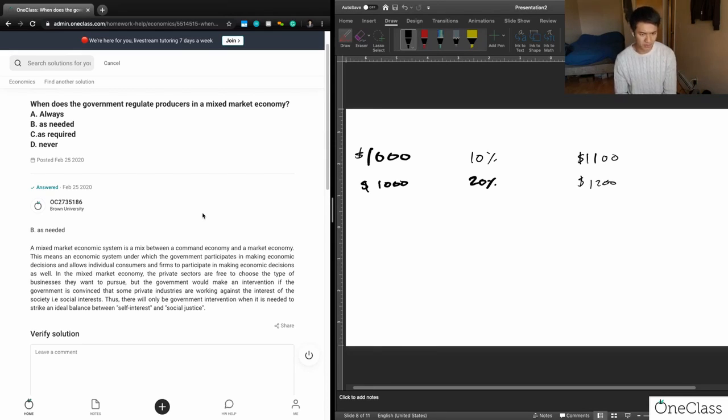In the mixed market economy, private sectors are free to choose the type of businesses they want to pursue, but the government would make an intervention. The government is convinced that some private industries are working against the interest of the society, i.e. social interests. Thus, there will only be government intervention where it is needed to strike an ideal balance between self-interest and social interest, social justice.